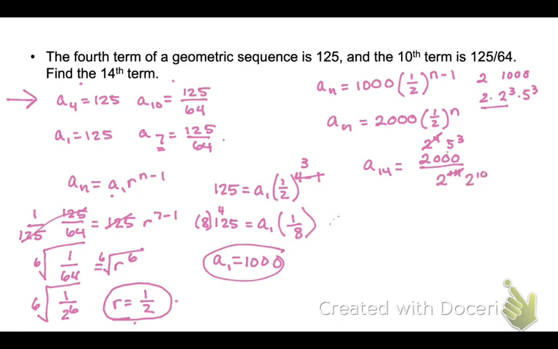We all should know 5 to the 3rd, which is what? 125. And 2 to the 4th is 16, 32, 64.